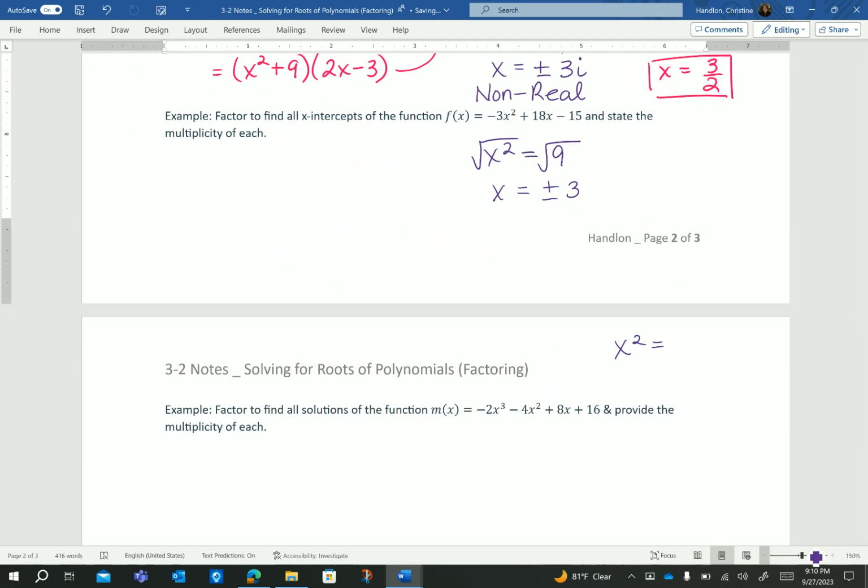Let's say it was x squared equals 6, okay? And if I square root and square root, you'll get x equals positive, negative the square root of 6 is a decimal number, so just leave it as square root of 6. So you would actually write this answer in Delta Math, okay? So I wanted to bring that to your attention, okay?